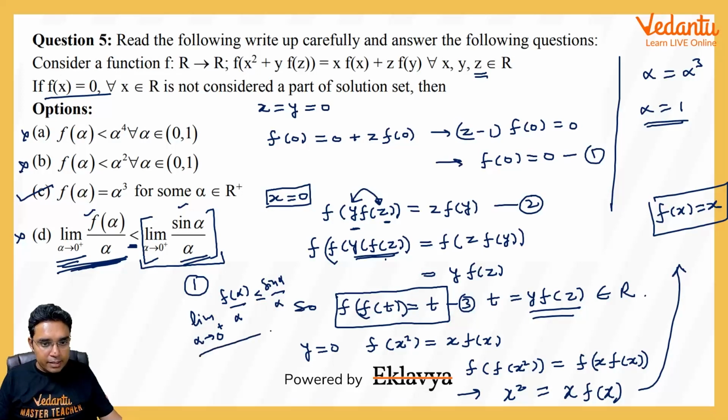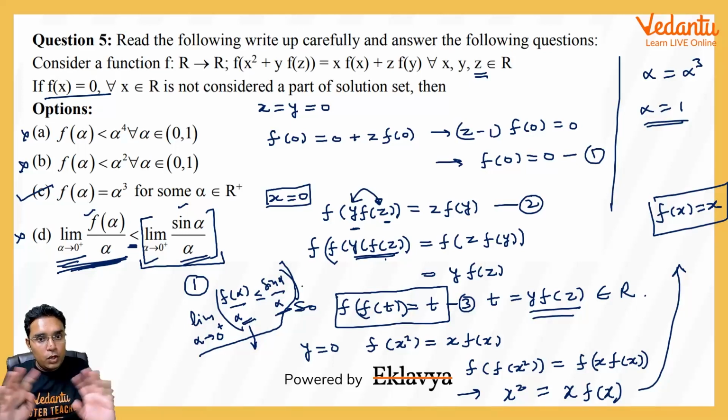If this was given like this, where alpha is approaching to 0 plus and both of them are compared for every alpha that is approaching to 0 plus, you can see always sine alpha upon alpha will be lesser than this, because this is absolute 1, whereas this will be lesser than 1. I hope you are getting what I'm trying to tell. Here both are having same limit 1, so they can be equal, they will be equal actually. But because they were not this equal to sign, so answer will be only C.